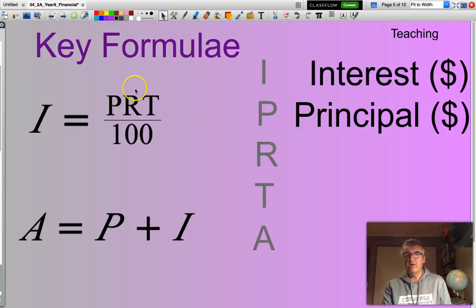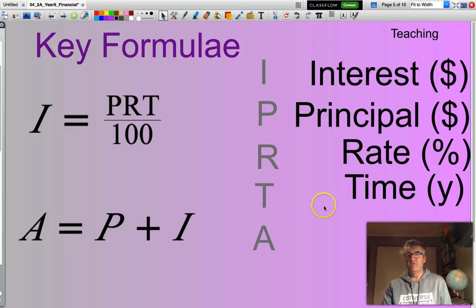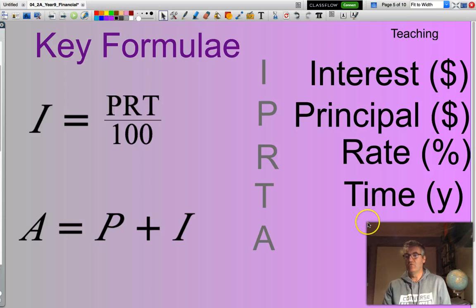The R is the rate, the interest rate, and that rate is in a percentage. For instance, currently it's around 6%, so the R would be 6. The T is the time, and the time is always described in years.